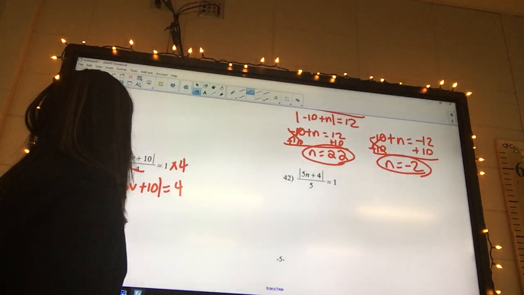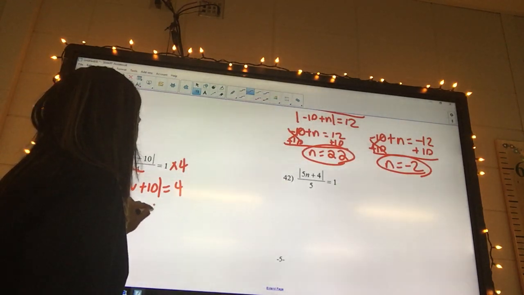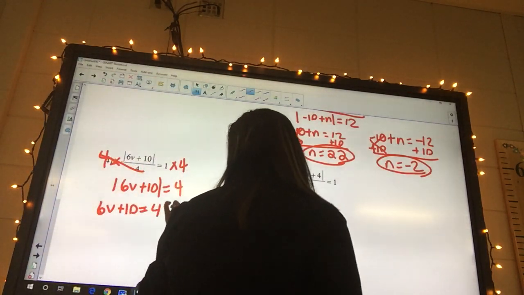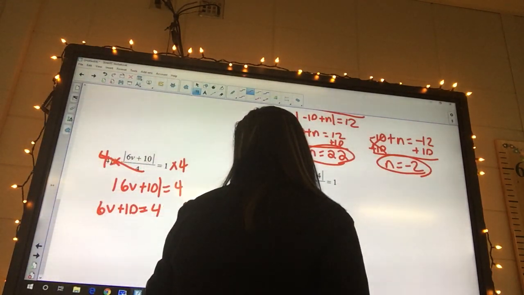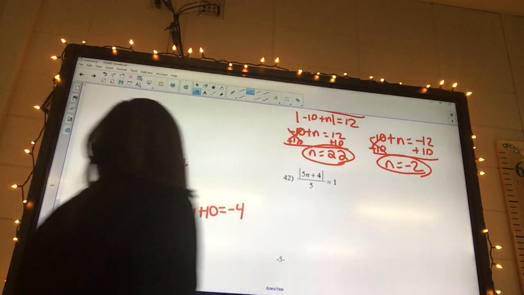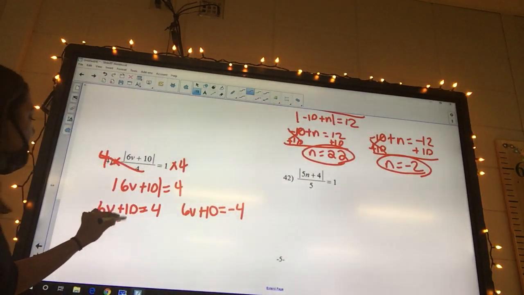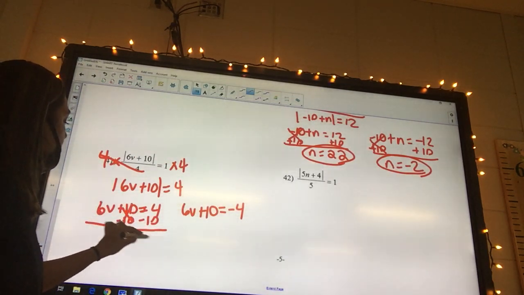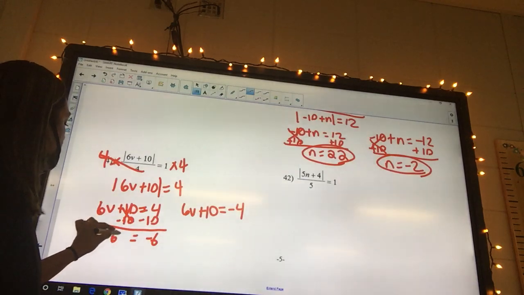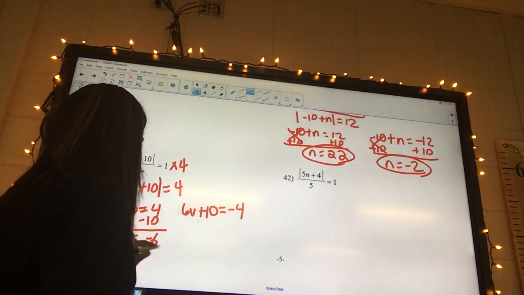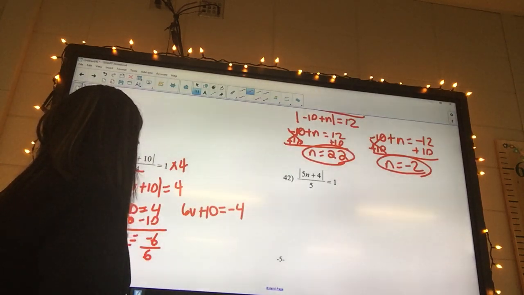So 6b plus 10 equals 4. Marco, what should the other one say? 6b plus 10 equals negative. Perfect. And then we're going to keep solving. So minus 10, minus 10. So I got 6b equals negative 6. And my last step is going to be to divide. So b equals negative 1.